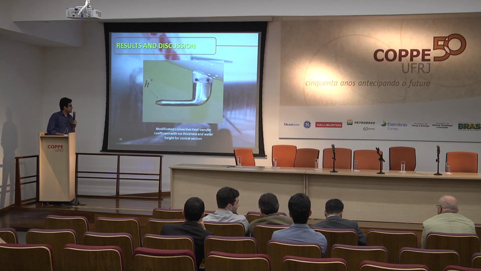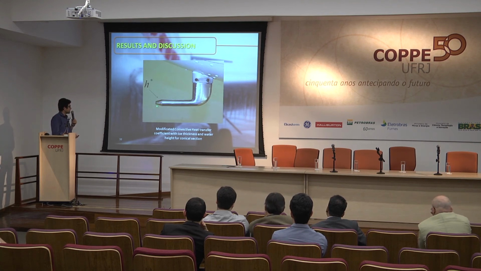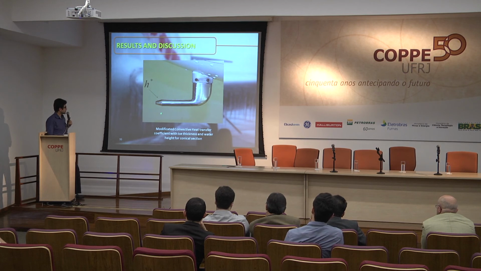But when I was researching the P2 tube, we understood the conical section of the P2 tube, because in this part there is no thermal resistance. So it is very effective for starting ice formation and ice accretion in the P2 tube. So we modified a new convective heat transfer coefficient with ice thickness and water height in this part, and we solved the equation again to find the result.